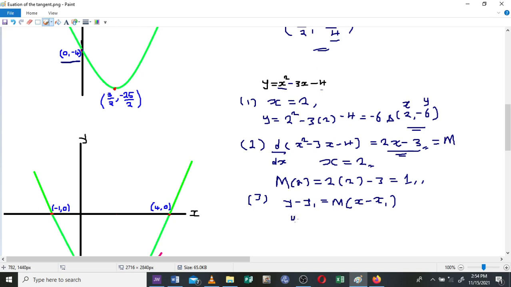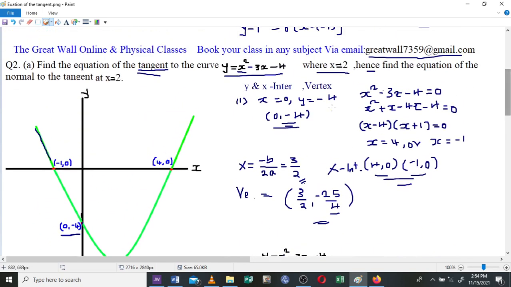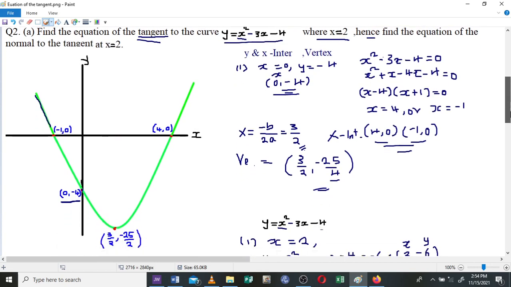So you can substitute there your x1. Remember, you have found this point here. We found our x and our y value, that was 0 comma negative 4. So we're going to use that value. Wait, just a moment. All right, we haven't found this point.